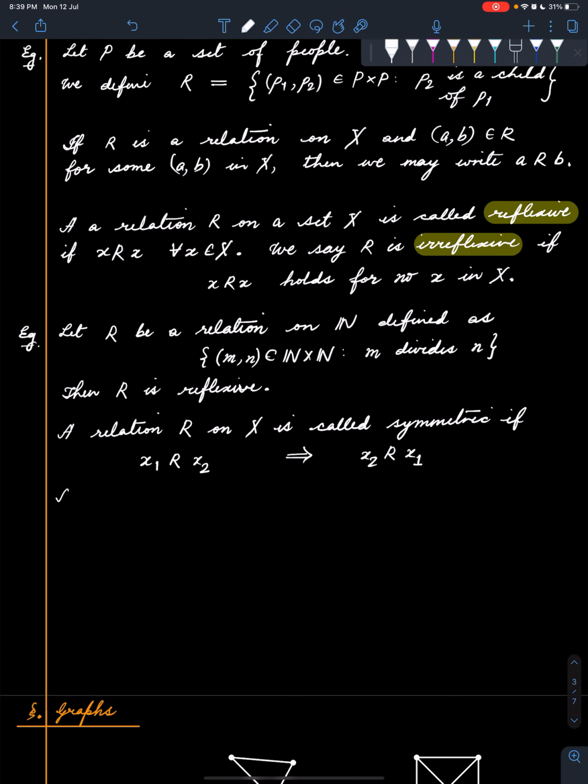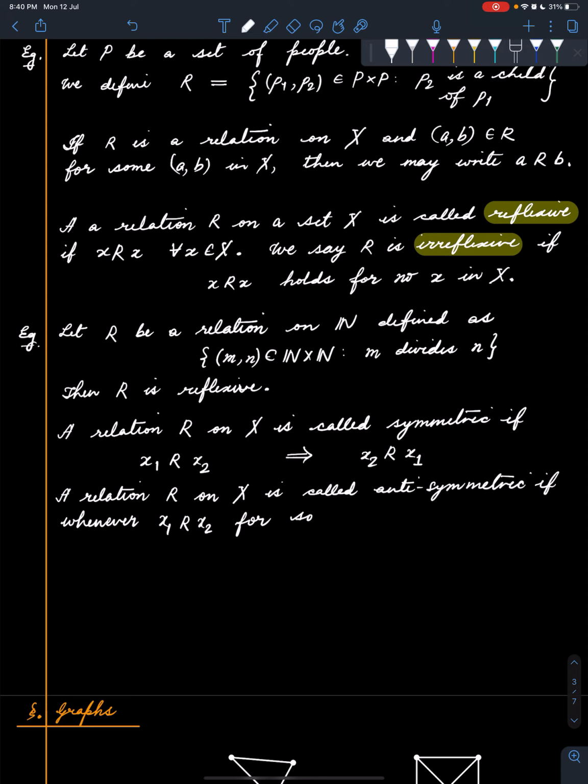And an antisymmetric relation R on X is called antisymmetric if whenever x1 R x2 for some distinct x1 and x2 in X, then we don't have x2 R x1.